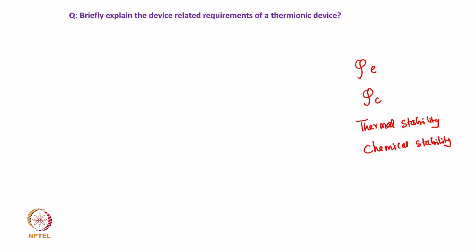Okay. And in some cases, for a thermionic emitter which is used in a thermionic device, a negative electron affinity surface, NEA, is generated or created.